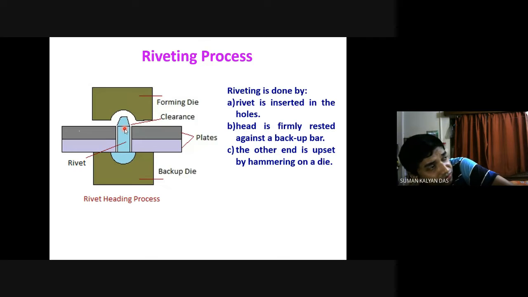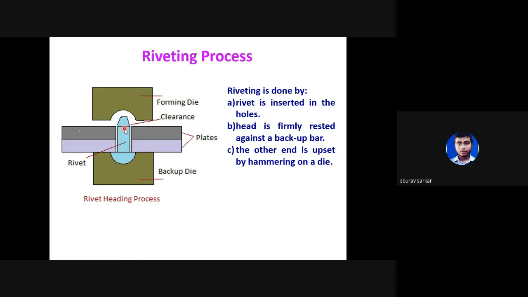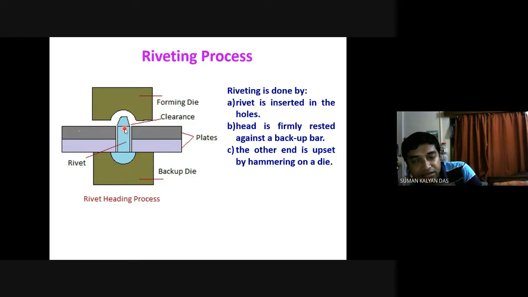Many times, I don't know if you have experienced this or not, when I was a child, there were some vendors who used to pass through the neighborhood, and they used to repair various aluminum utensils, especially the utensil used for cooking rice. In Bengali, we say bhater hari.